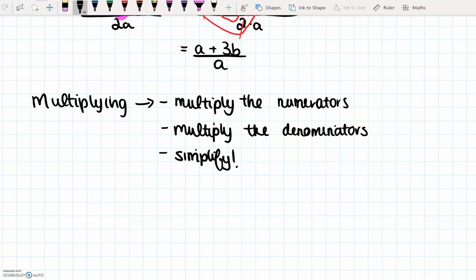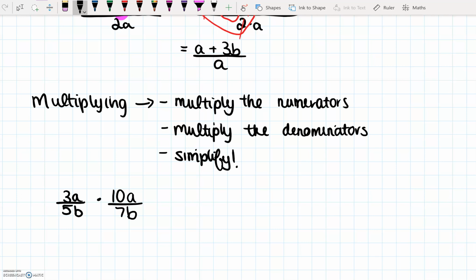So for example, if we have 3 over 5b times 10a over 7b.